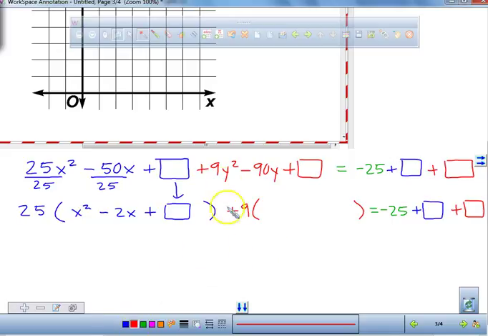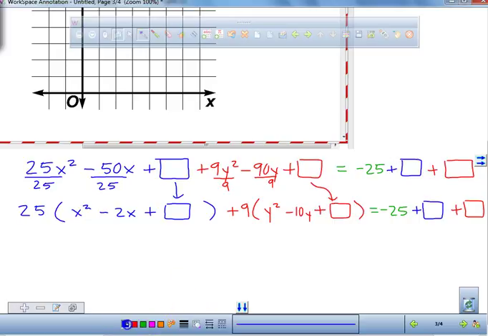Now, if I divide here, what am I dividing everything by on this one? Dividing by 9 here and a 9 there. 9y squared divided by 9 is a y squared. 90y divided by 9 is a negative 10y. And I'm just going to bring this down right there.